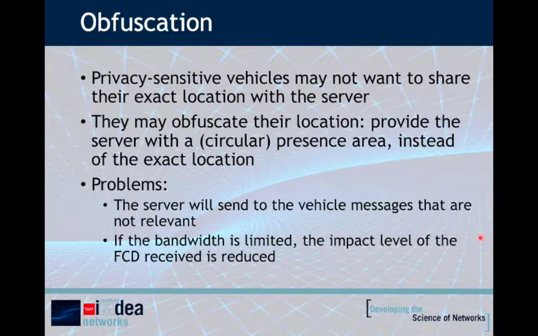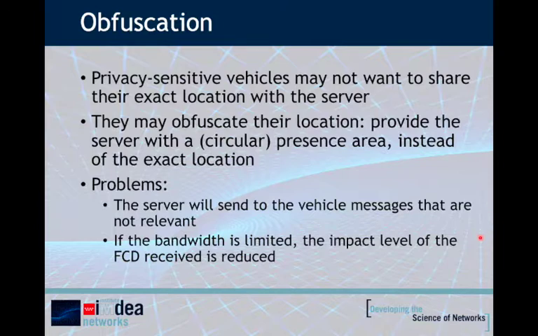The problem with that is that since the server doesn't know exactly where the vehicle is in the area, it may send messages to the vehicle that are not relevant to it, just because the location for which that message is relevant is inside the area, but is not where the vehicle is.